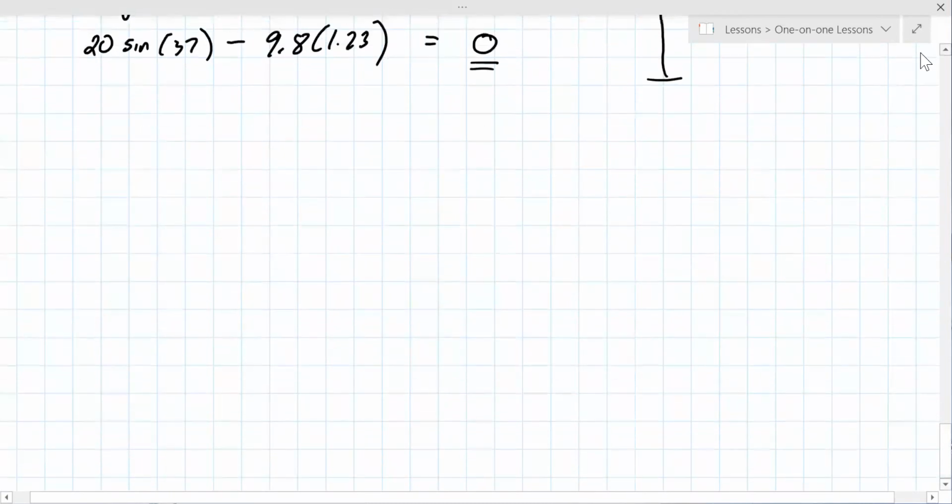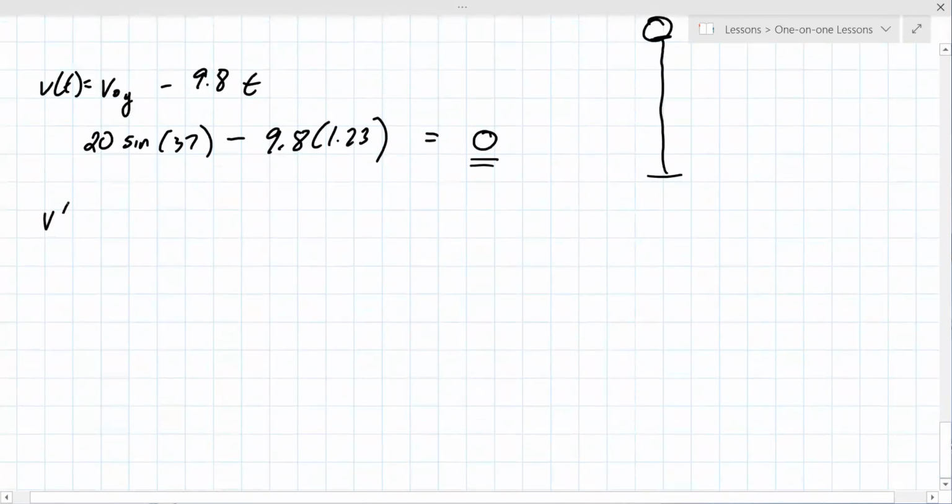So the velocity in the x direction will be 20 cosine 37, and it's the same no matter where you are. It's always the same.